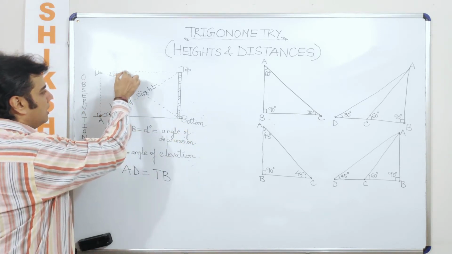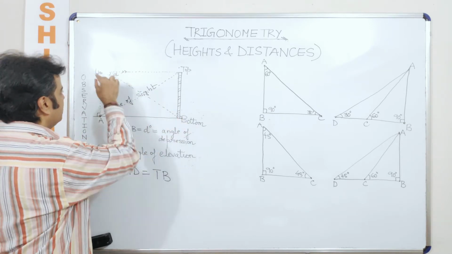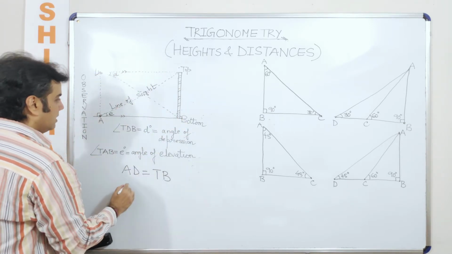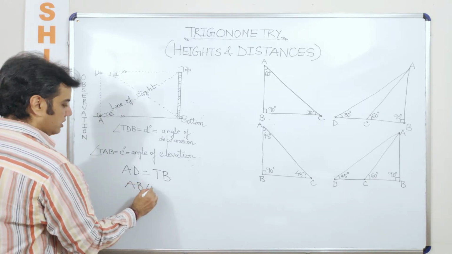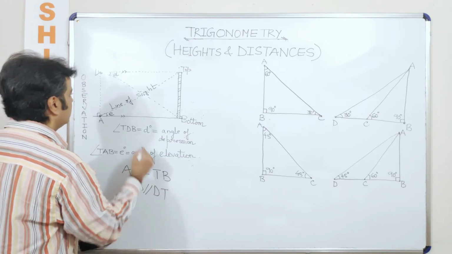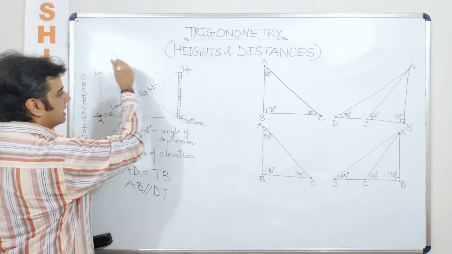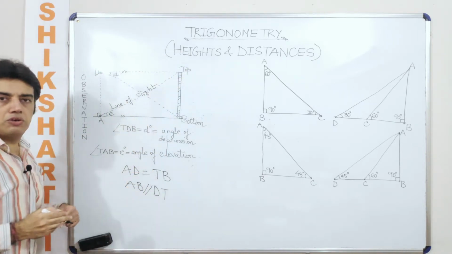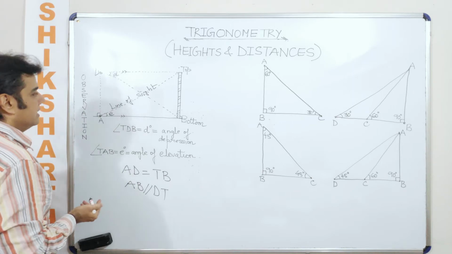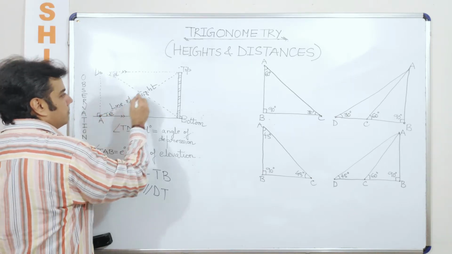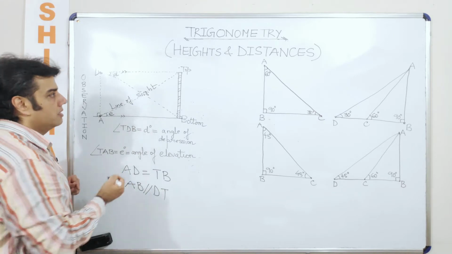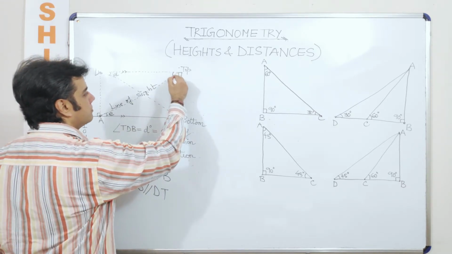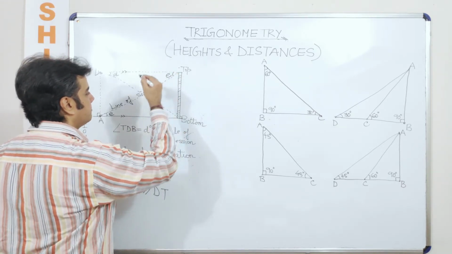And if I draw a line parallel to the line AB, which is just like saying AB is parallel to DT, this point is D and this point is T. Okay. So in that case, can I say if this is the angle of elevation, using the alternate angle theorem, this angle will also be E.